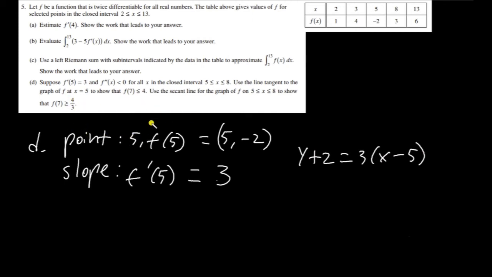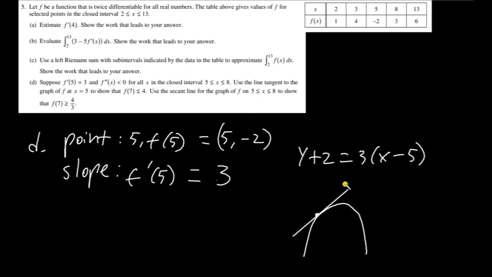Okay, and before we get into that, I just want to quickly talk about this f double prime of x is less than 0 part. So if we were to draw a concave down graph, because when the second derivative is less than 0, that means that the graph is concave down, right? If I were to draw a generic concave down graph, and I were to draw a tangent line, say here, you'll notice that for all the x values, the tangent line is either touching it or above it, right? The tangent line is never below the graph, okay?